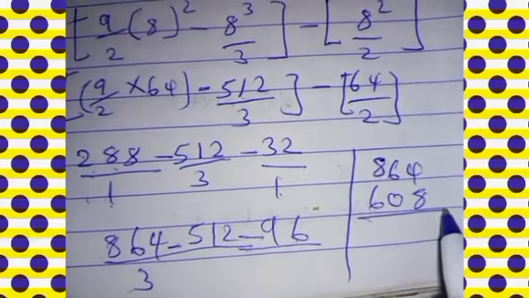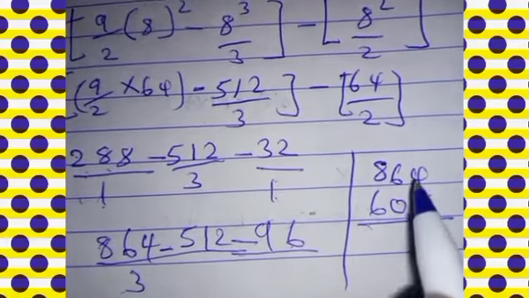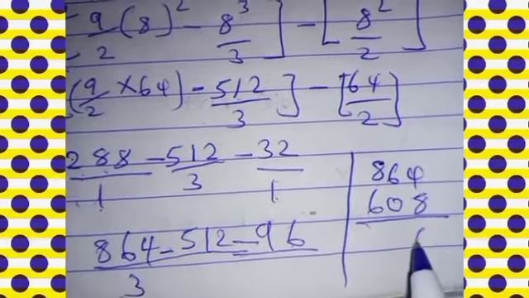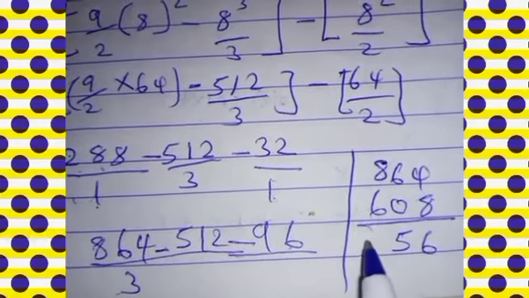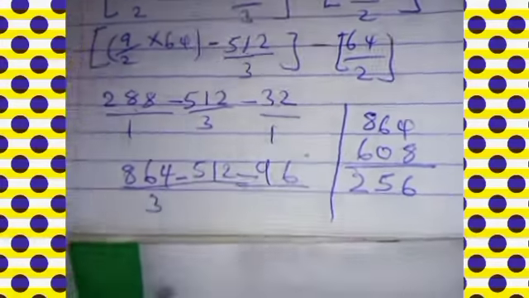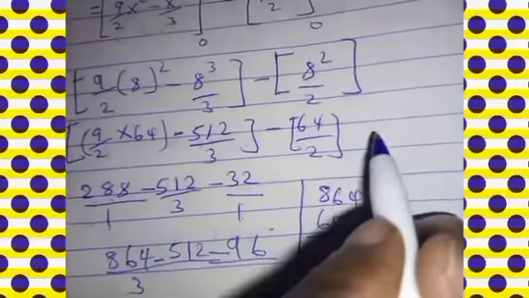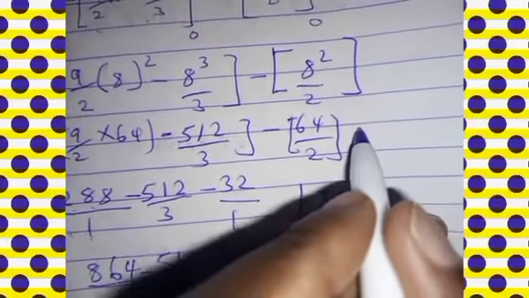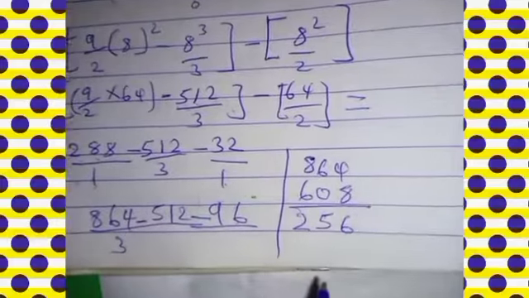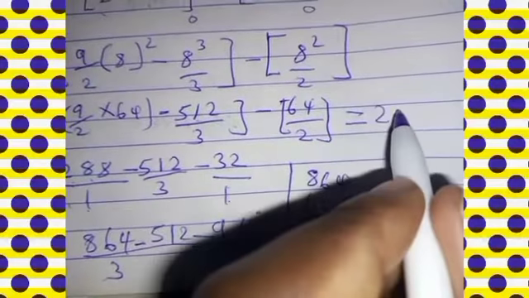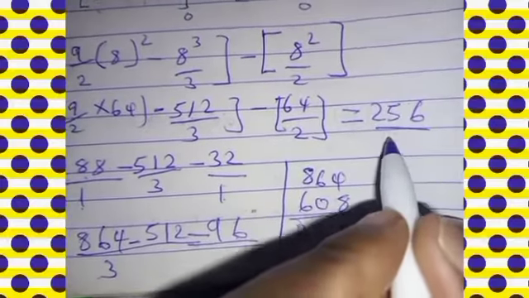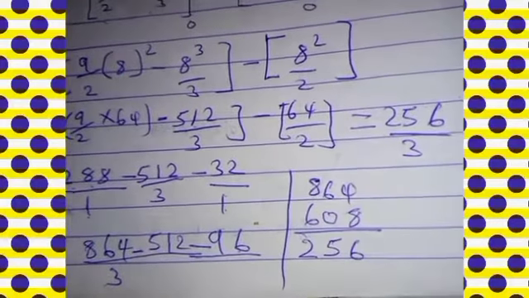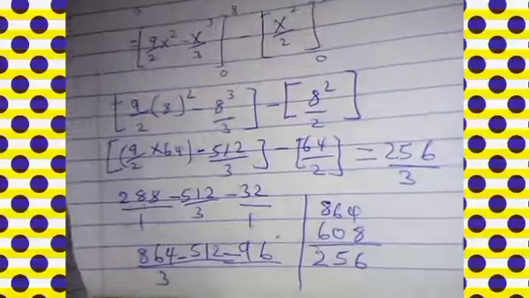So we subtract these two, and our result is equal to 256 divided by 3. You can leave it that way or you simplify it.